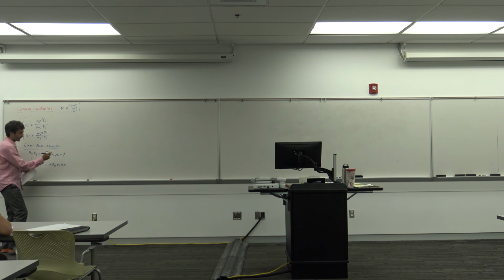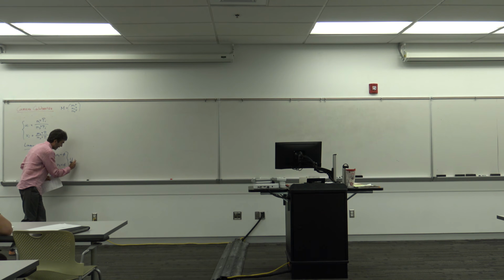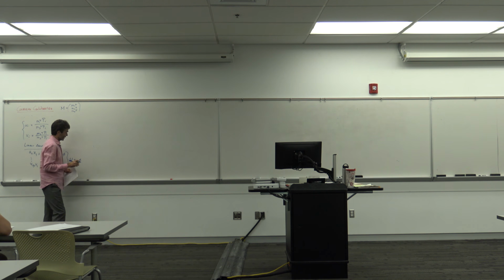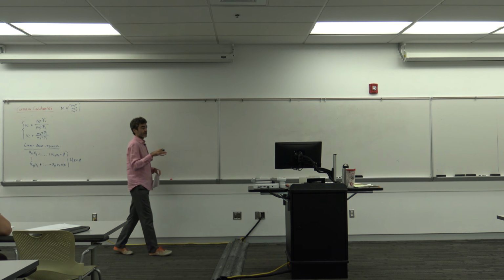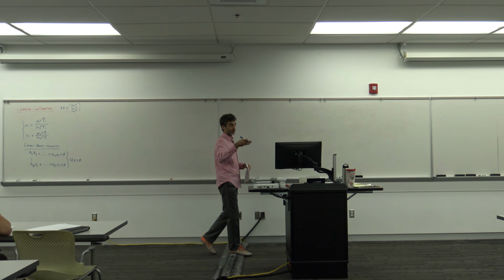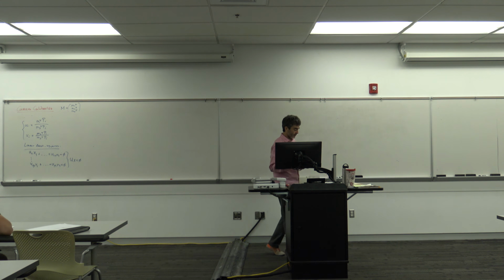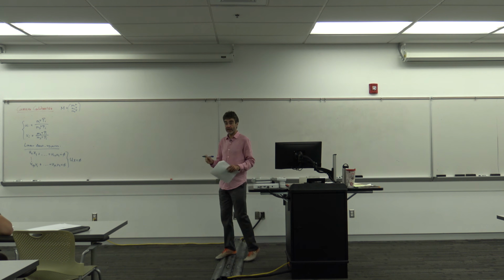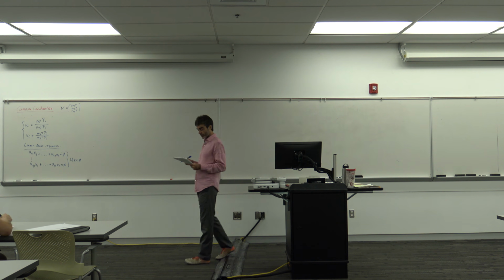I can write this in matrix form: Ux equals 0, where x is a vector of x1, x2, up to xq, and U is the matrix of coefficients, and that equals a vector of zeros.